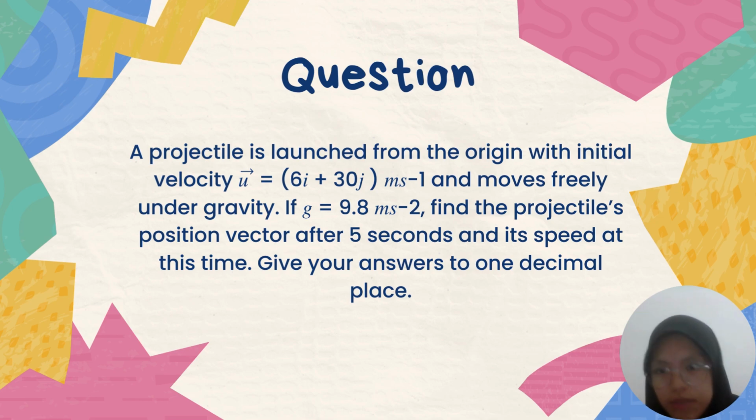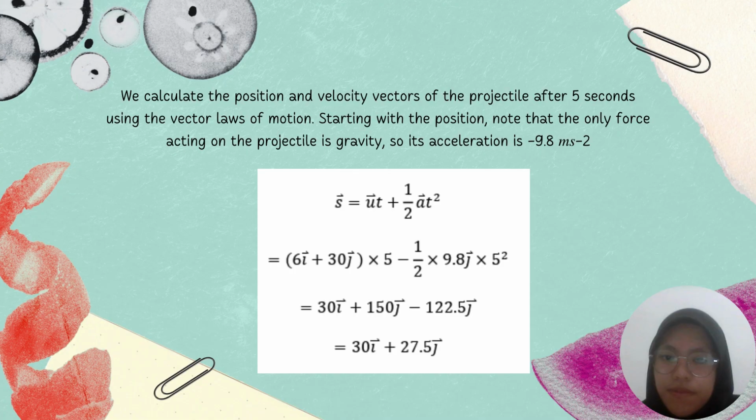Give your answers to one decimal place. So let's answer this question together. First, we need to know what the question wants. The question wants us to calculate the position and velocity vectors of the projectile after 5 seconds. So we need to use the vector laws of motion.